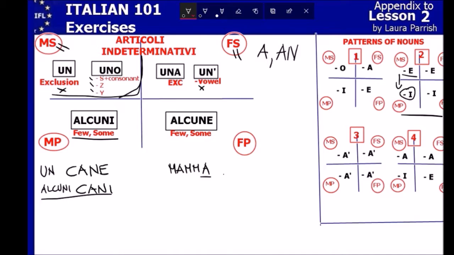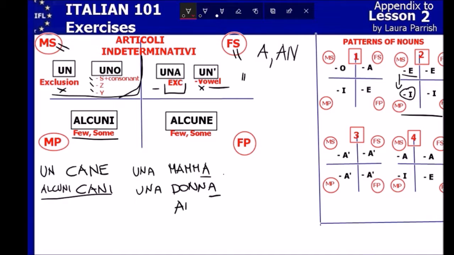No, it doesn't start with a vowel. So it is this one. And in fact, the right indeterminative article is una mamma. That's the way you have to work. Let's do a couple more. Let's do the same we did before. We did donna, that means a woman, and ending in a it is feminine singular, so we go here. It doesn't start with a vowel, so by exclusion it is una donna.